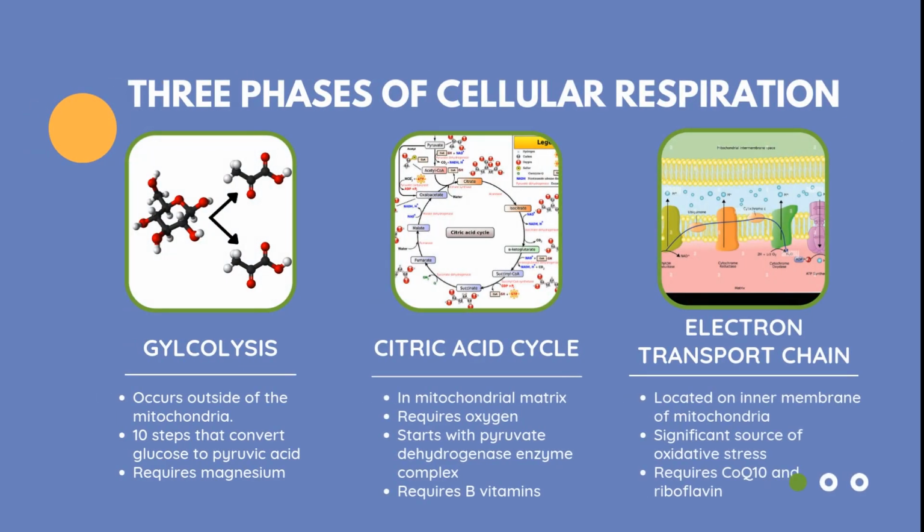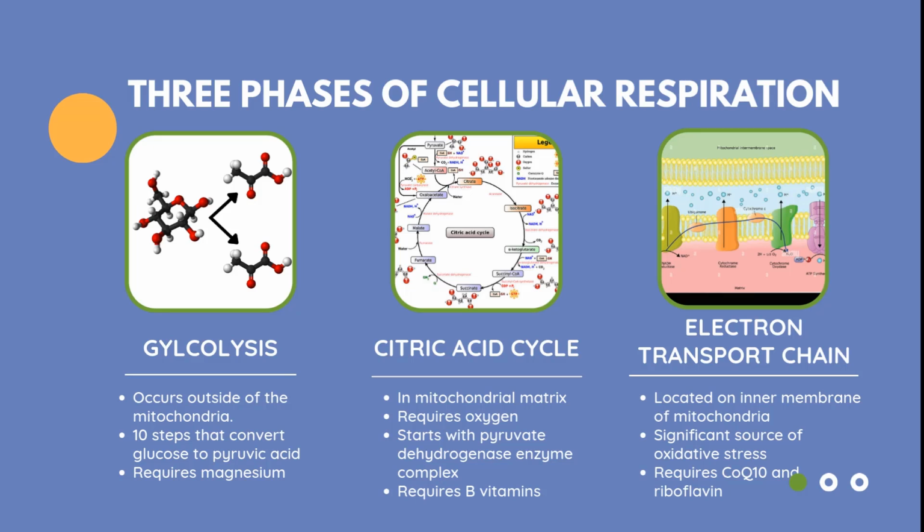Now, in humans and all other animals, the harvesting of electrons from glucose is much more tightly controlled, so that we don't spontaneously combust. The process is conducted through a series of many enzymes and steps that starts with glycolysis.